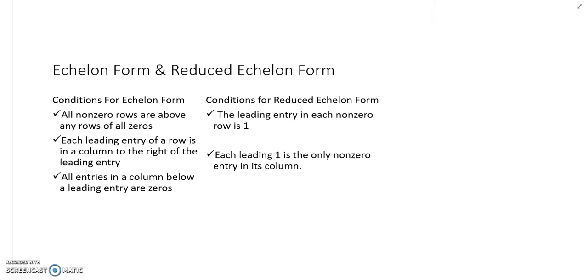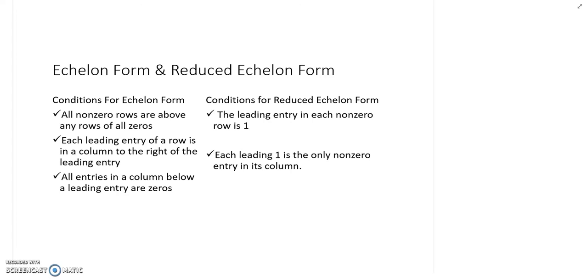The first condition for echelon form is that all non-zero rows are above any rows of all zeros. The second condition is that each leading entry of a row is in a column to the right of the leading entry above it, and all entries in a column below a leading entry are zeros. Those are the conditions a matrix must meet for echelon form.